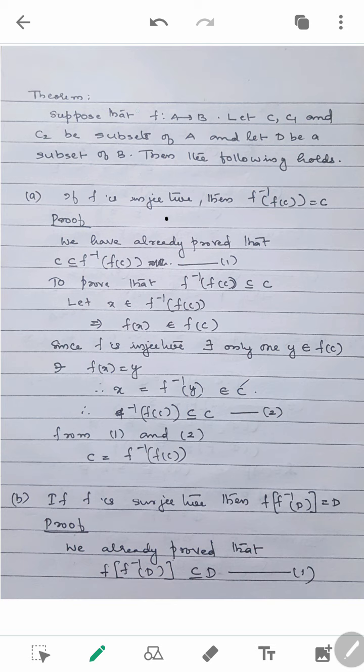What does the theorem state? Suppose that f maps from A to B and let C, C1 and C2 be subsets of A and let D be a subset of B, then the following holds. Okay, let us see what is the statement.